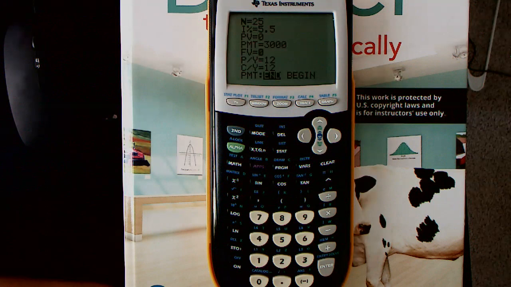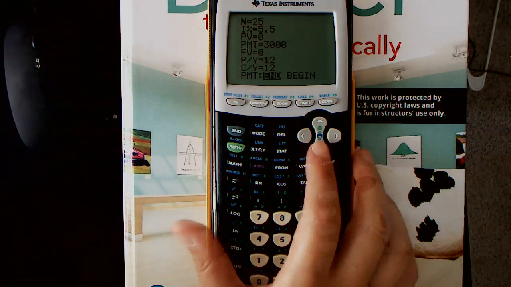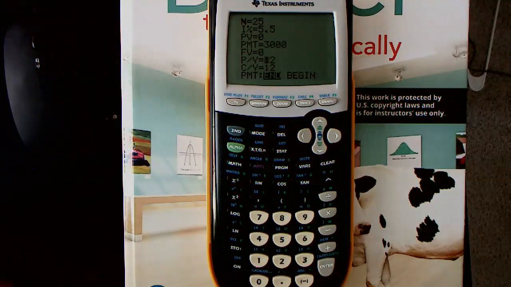So you can leave 0 there, and we are going to go back shortly to solve for it. Future value of the annuity is the accumulated balance, capital A, in the future. And since the interest is compounded once a year, and you deposit your payment once a year, P per Y and C per Y are both 1. Don't forget to change that.